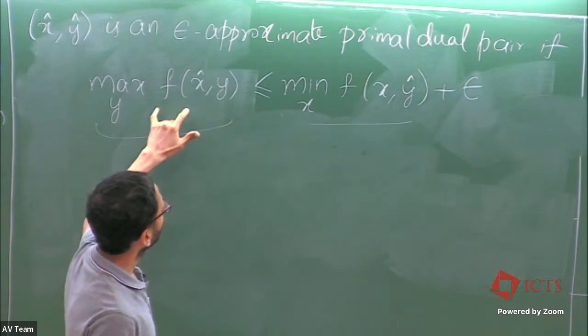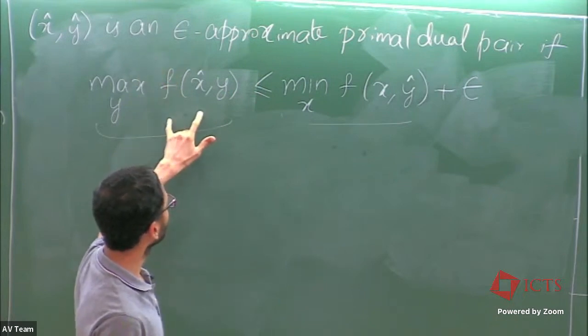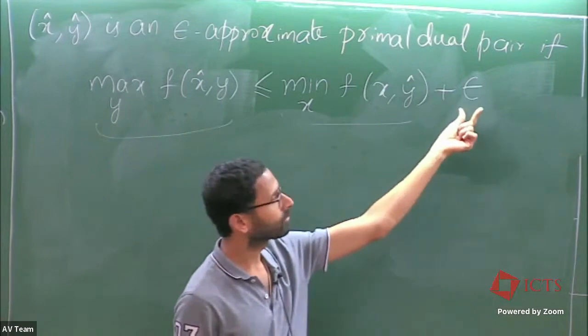What primal dual pair means is that we are given a point X hat, Y hat such that this and this are not very far away and are at most epsilon far apart.